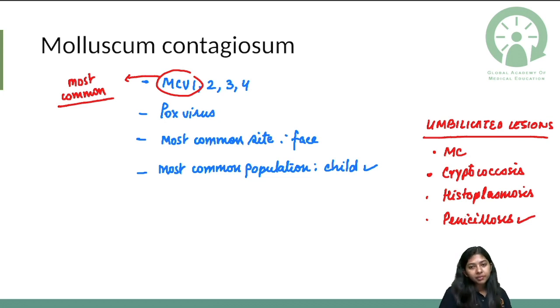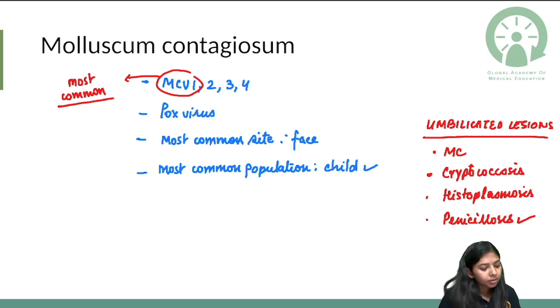Molluscum contagiosum, cryptococcosis, histoplasmosis and penicillosis. These are 4 conditions that you remember that have umbilicated lesions. So coming back to molluscum contagiosum, it's caused by a pox virus, molluscum contagiosum virus, most common of which is MCV1. The most common site is face and the most common population is child.